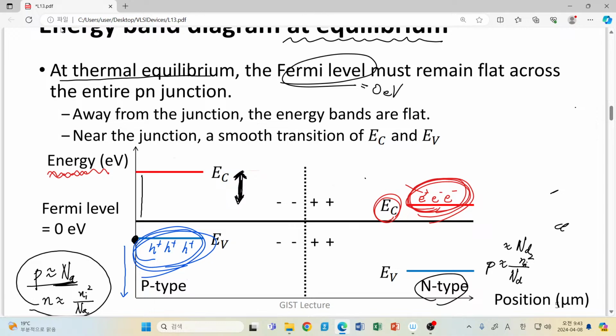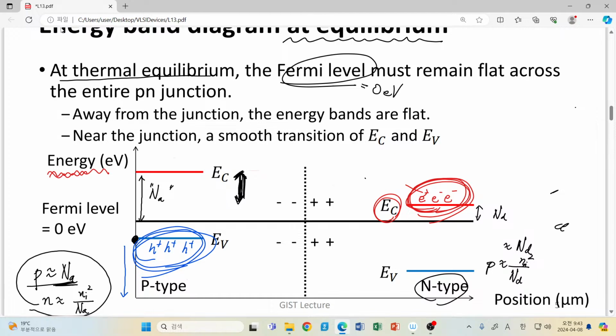This distance is obtained from your NA value, and this distance is also obtained from your ND value. So from these two doping densities, the positions of your conduction bands are already given, and their difference determines the energy barrier seen by our electrons.